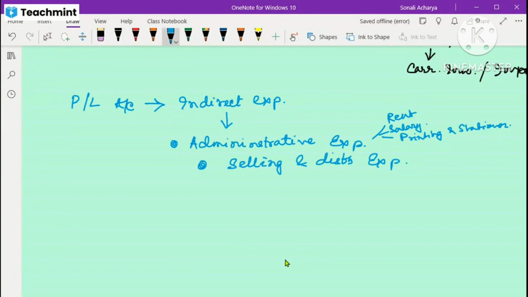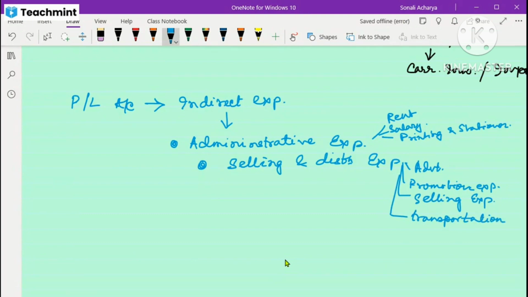Selling, distribution, promotion, advertisement, promotion expenses, any type of selling expenses, transportation, or what comes in this transportation? Carriage outward, meaning the carriage we have to pay to sell, that is carriage outward.